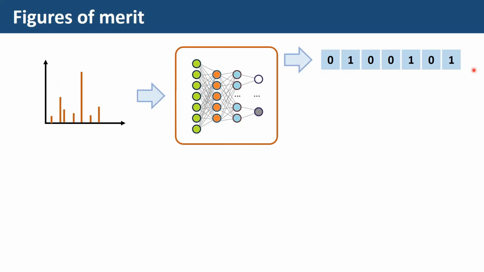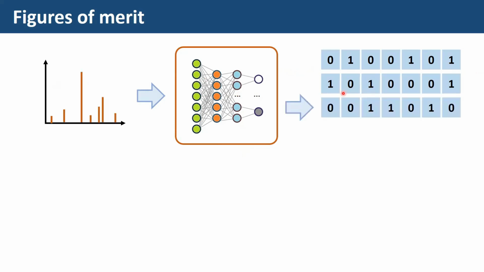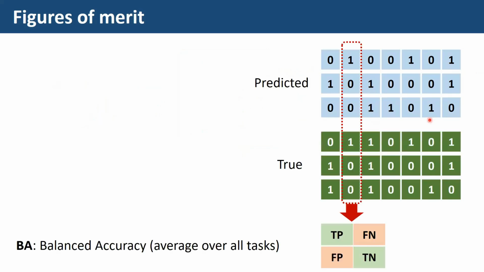Then we can do it for the second spectrum, and we get another fingerprint, and we can do it for the third spectrum, and so on. Then we compare the predicted fingerprints with the true one, the experimental one. And we expect these to be very similar.